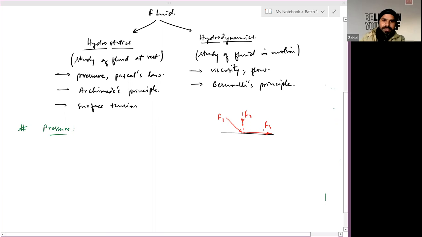So related to its inclination, we may define a term that is called thrust. You must have learned about this word in class 9th.